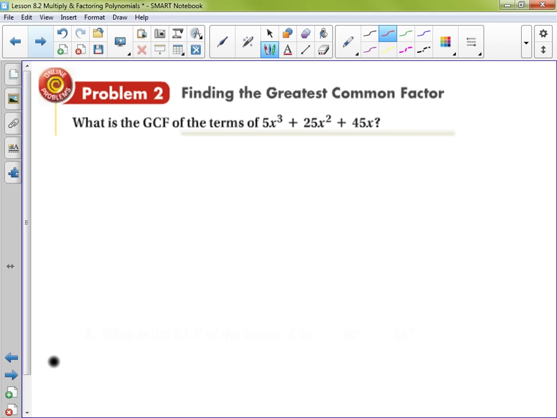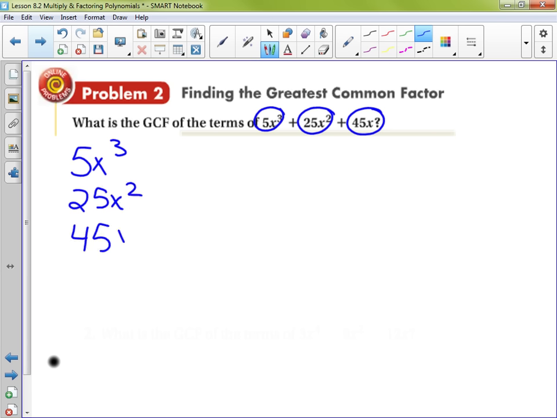Alright, the next problem has to do with factoring, or finding the greatest common factor. And we looked at this a little bit before spring break. But essentially, all you're going to do is take each of the terms and find the greatest common factor. So, like we did before, I'm going to write out 5x to the third, 25x squared, and 45x.